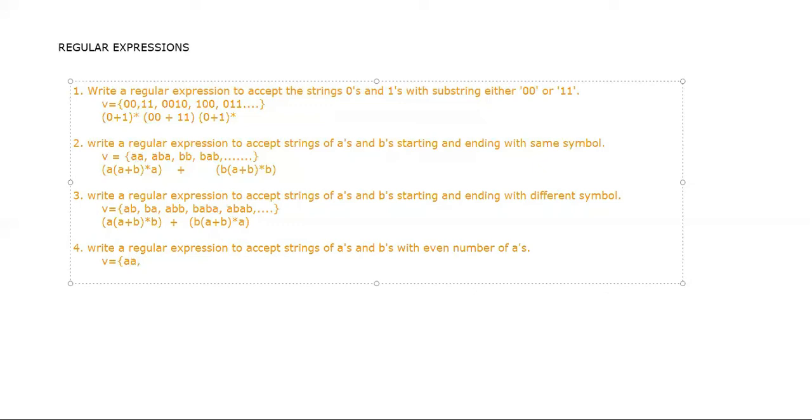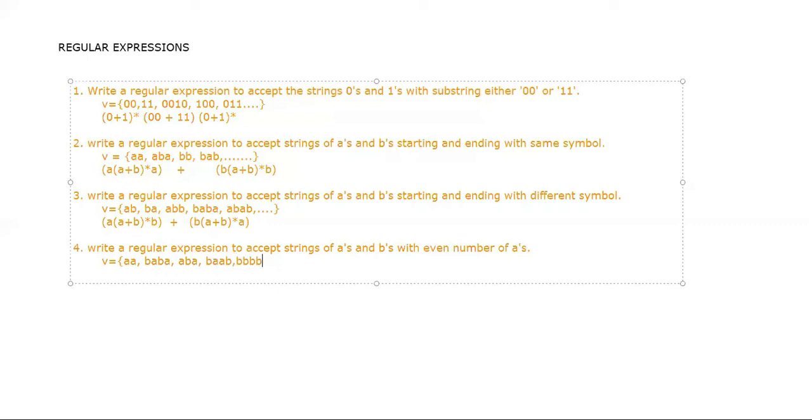We have told the count, but position is not a worry. You may get AA at the beginning, you may get AA at the end, or in between. AA need not be consecutive. If you say AA is the minimum string, that need not be consecutive. This is also accepted, this is also accepted, and so on.